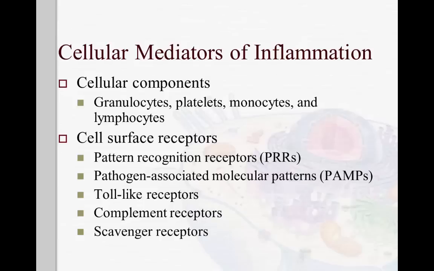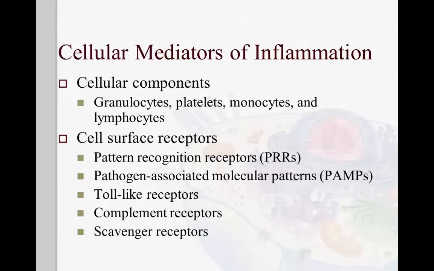But before that, let's talk about cell surface receptors. Both the innate and the acquired or adaptive immune system must recognize, remember at the beginning, the self from the non-self. And this is mediated by receptors. There are T cell receptors and B cell receptors for the B and the T lymphocytes.